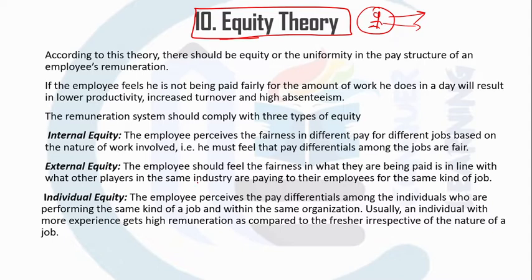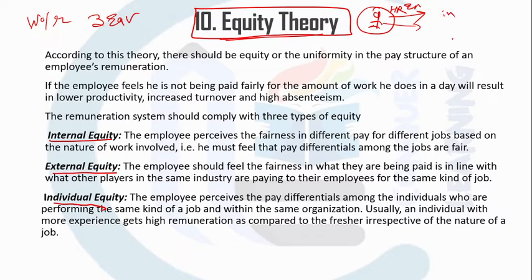When the wages or remuneration are provided to the employee, it should satisfy three types of equity. What are those equities? Internal equity, external equity, individual equity. Suppose he is at the position of HR executive and he is getting some salary.